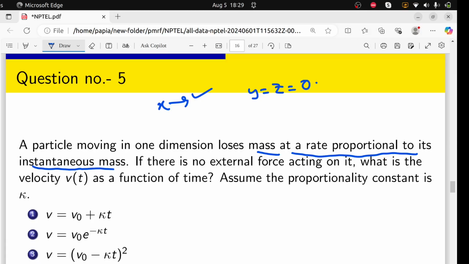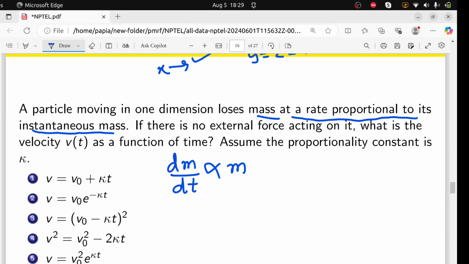So what does this mean? This means that dm dt, at a rate, what is the rate? Proportional to its instantaneous mass. That means dm dt is proportional to m. It loses its mass at a rate proportional to its instantaneous mass.